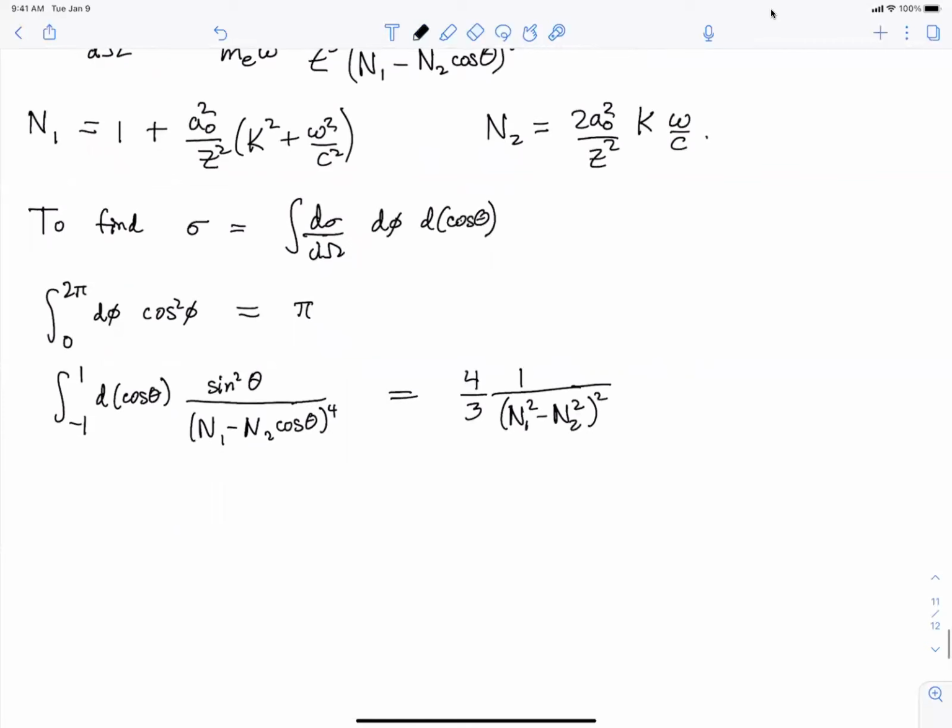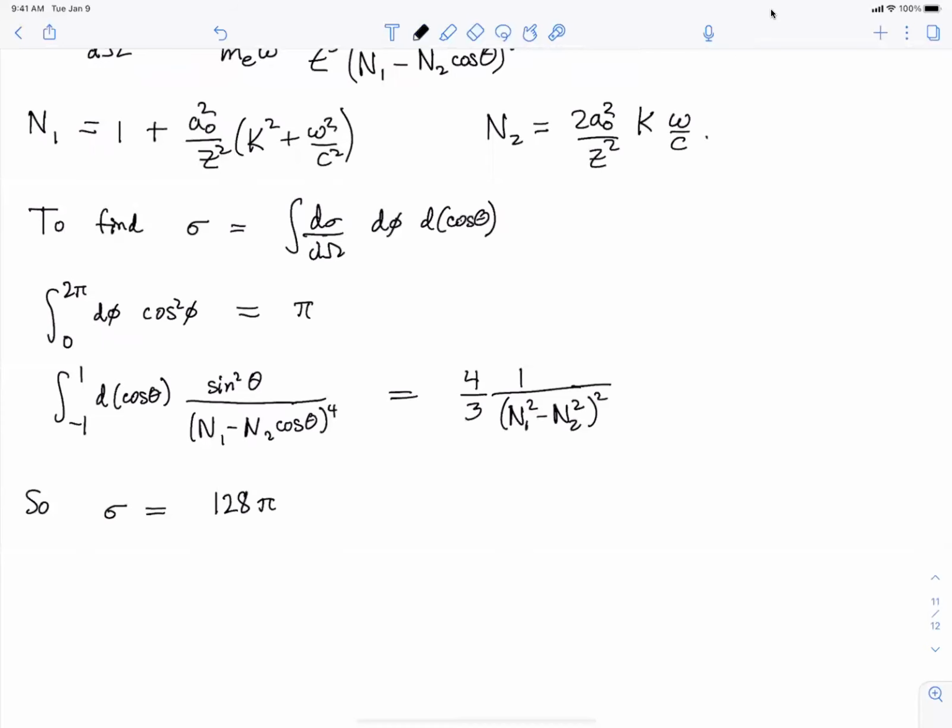And so in terms of our two numbers, n1 and n2, we now have the total cross-section, right? And so if we know the intensity of the light that we're sending in, then this will give us a number as to how many scattering events we should see.